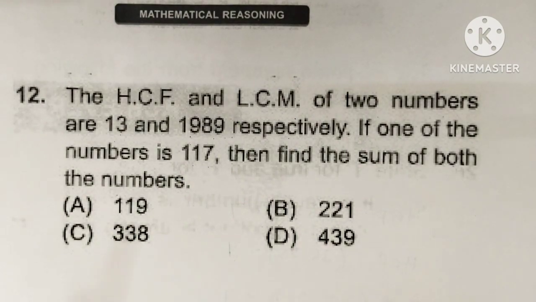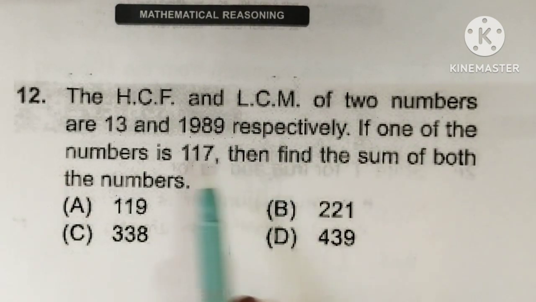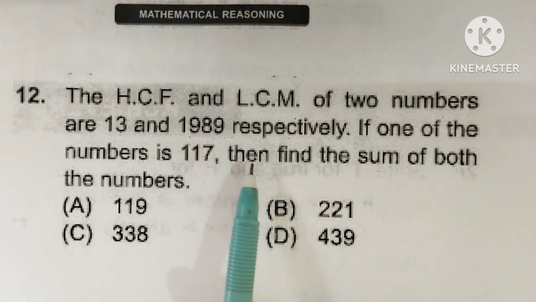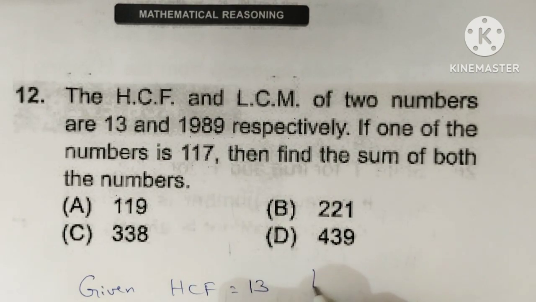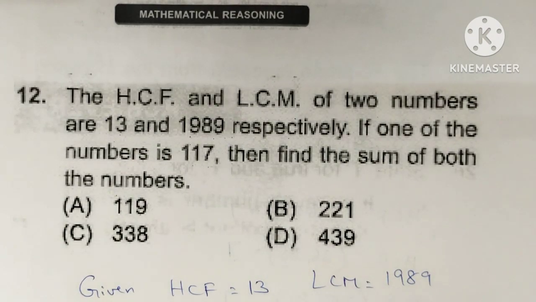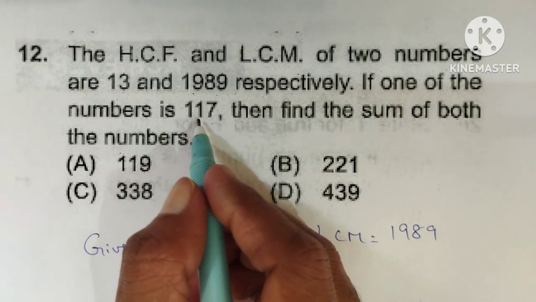Here only one number is given, we have to find the other number, then we have to find the sum of the two numbers. Here HCF is given as 13 and LCM is given as 1989 and one number is given which is 117.